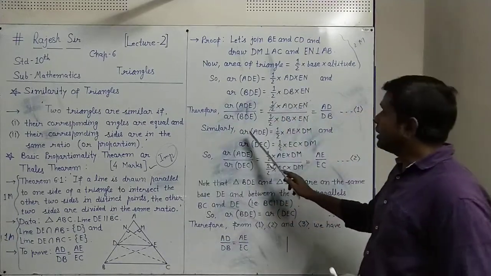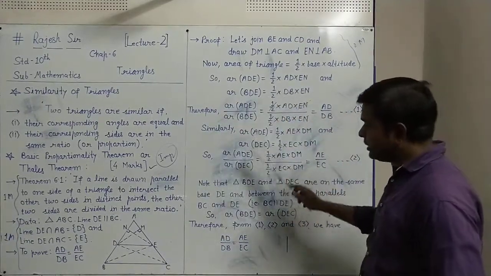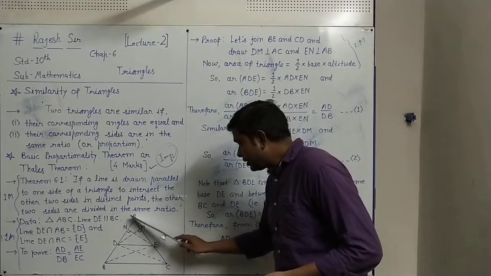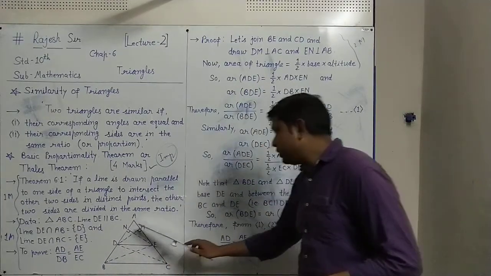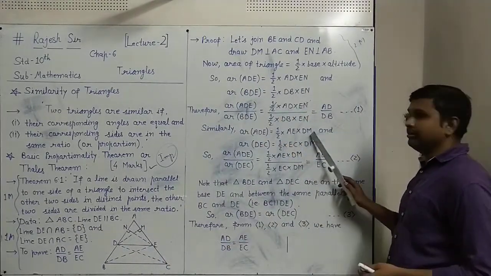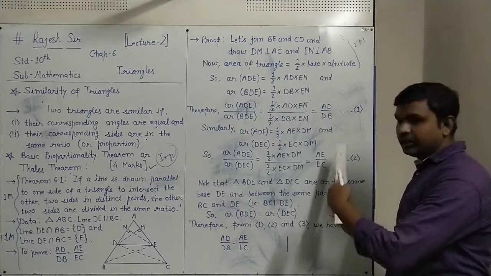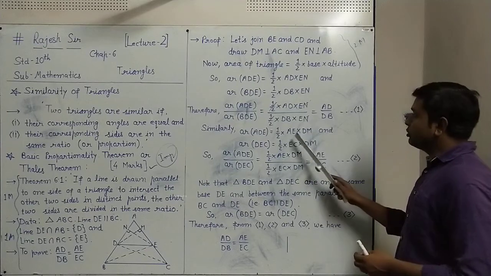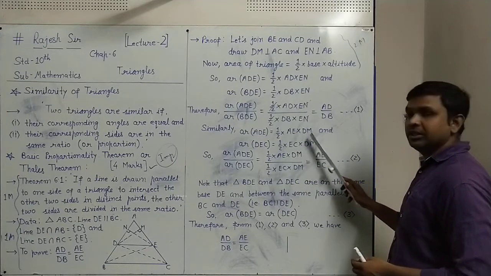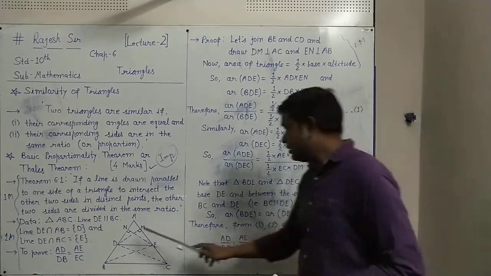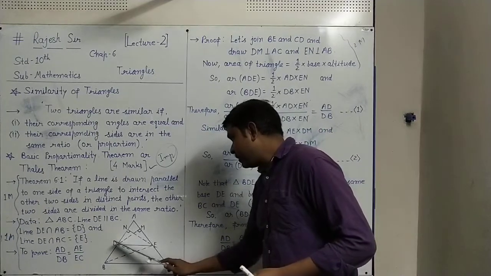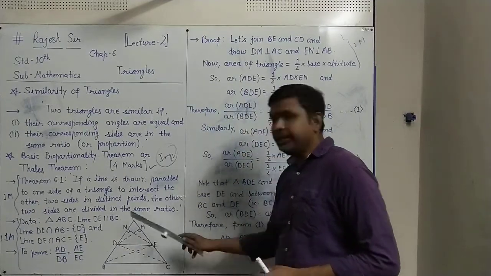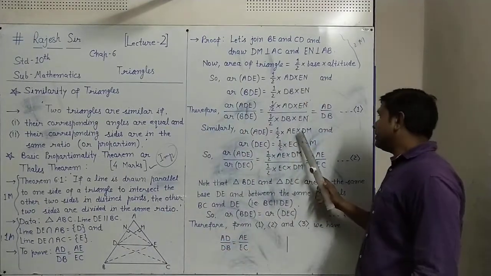So area of triangle ADE equals half into AE into DM. AE is the base and its corresponding altitude is DM.